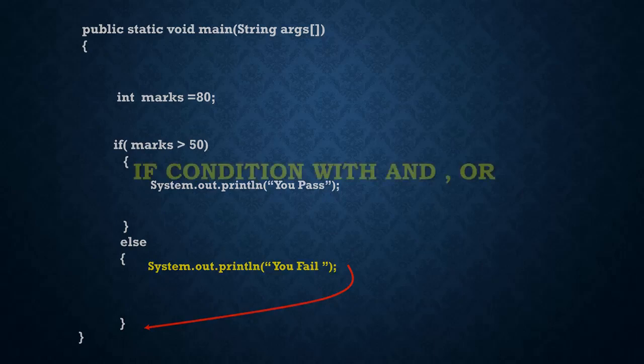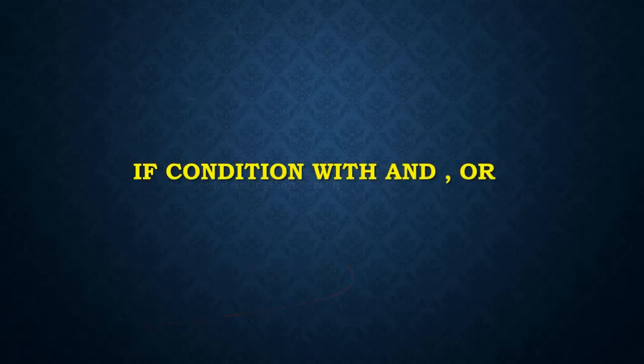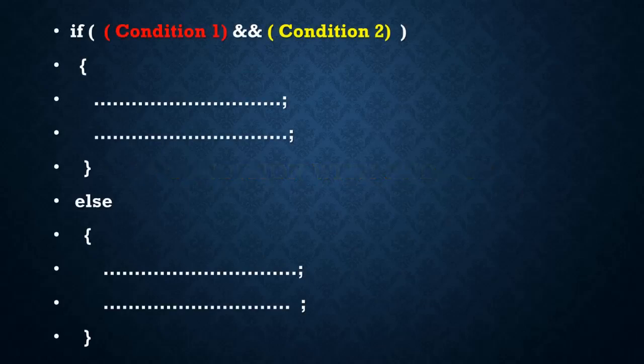Now, look at this. In the if condition, you might have two conditions joined with and. Let's look at this. Here, you can see there are two conditions joined with and. Two and signs are there.